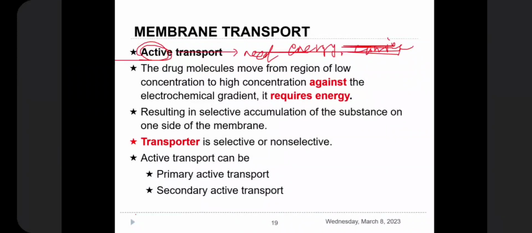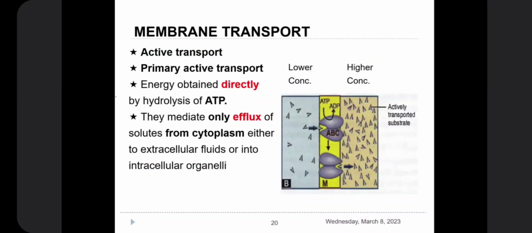Active transport can be classified into two types. One is primary active transport, and the next one is secondary active transport. What's the difference? Let's see. In primary active transport, the energy is obtained directly by the hydrolysis of ATP. ATP is the direct energy for this transport, so we call this primary.